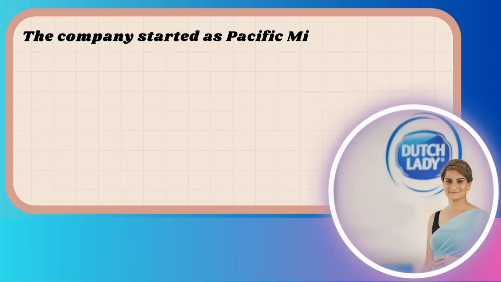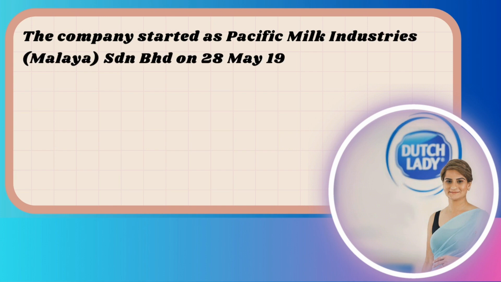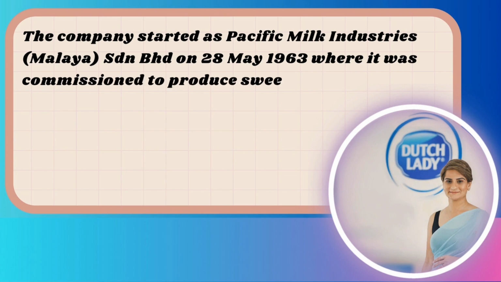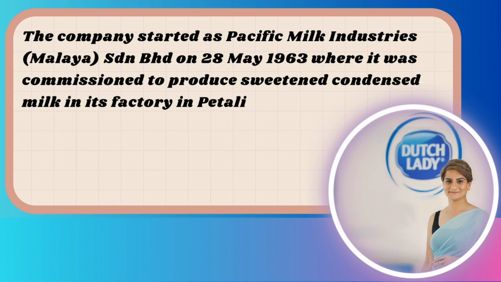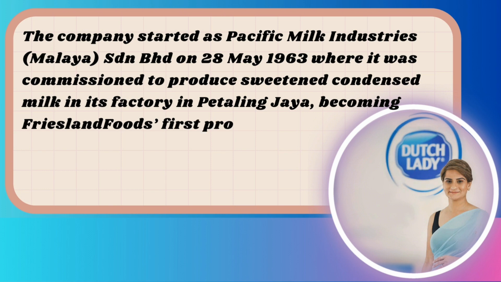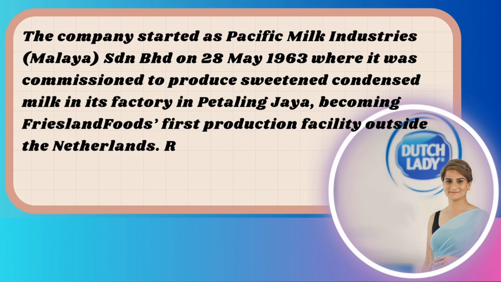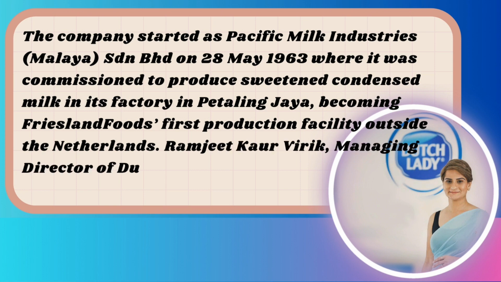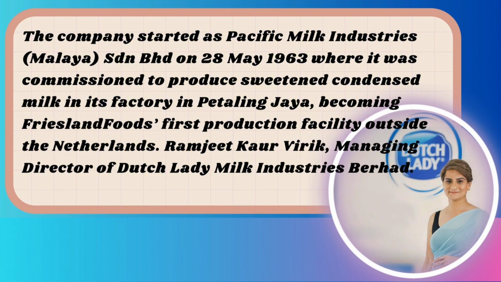The company started as Pacific Milk Industry Malaya Sdn Bhd on 28 May 1963, where it was commissioned to produce sweetened condensed milk in its factory in Petaling Jaya, becoming Friesland Foods' first production facility outside the Netherlands. Ramjit Kaur, Managing Director of Dutch Lady Milk Industry Berhad.